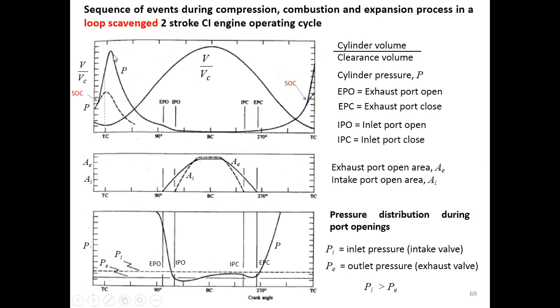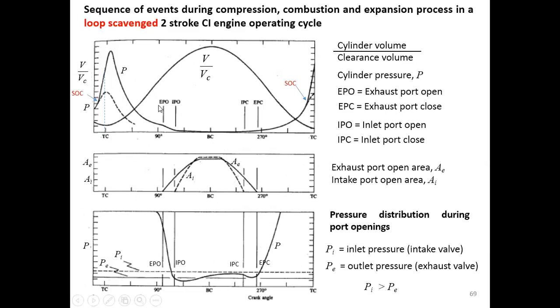as the piston is moving down, until right here where the exhaust port opens. The scavenging process will now happen. The exhaust port opens first, remember, and after that the inlet port opens.